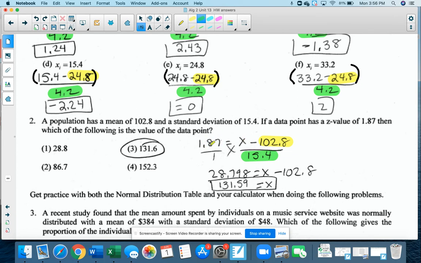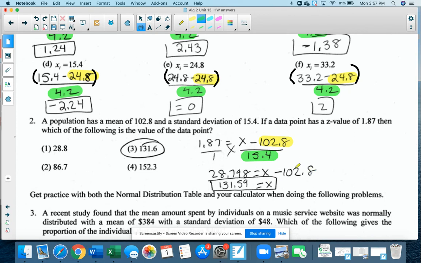I know my z-score. My z-score equals x minus the mean divided by the standard deviation. So I put in my mean, I put in my standard deviation, I put in my z-score, and I cross multiply right here. 1.87 times 15.4 is 28.798 equals x minus 102.8.